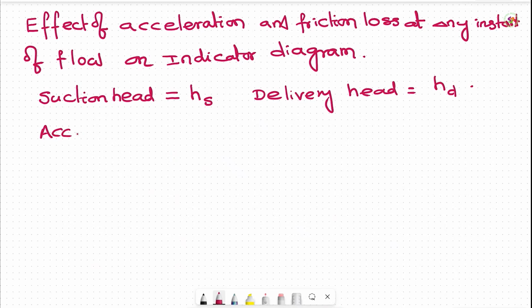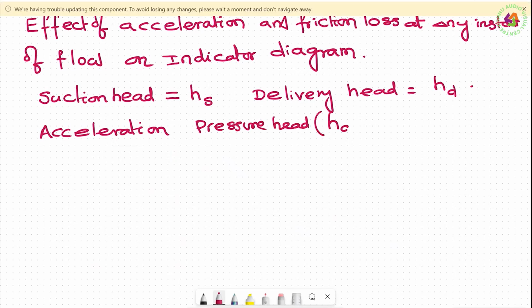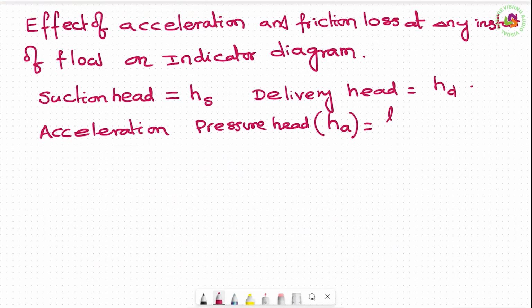Acceleration pressure head we represent by HA is equal to L by G, A by a, omega square R cos theta.